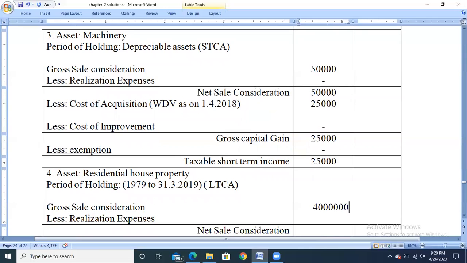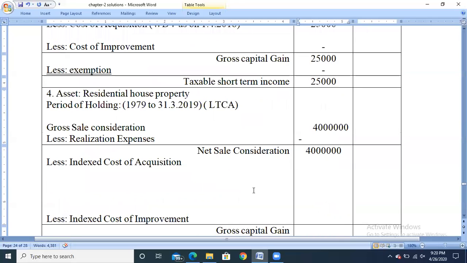From that, claim any realization expenses or transfer expenses. There is no information regarding the realization expenses, so it will be taken as nil. So the balance amount will be 40 lakhs as the net sale consideration.